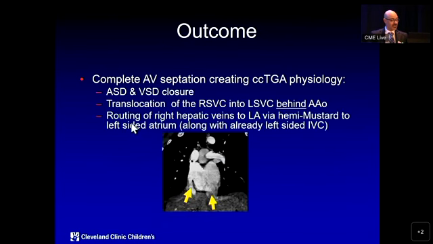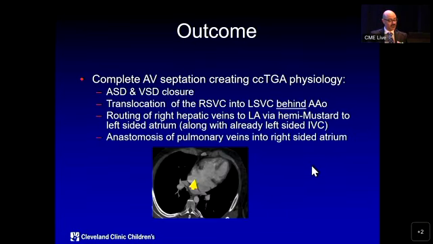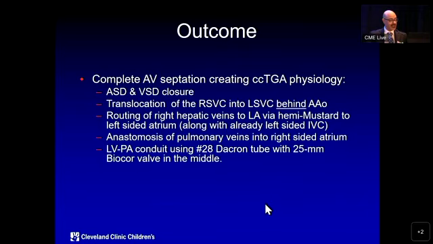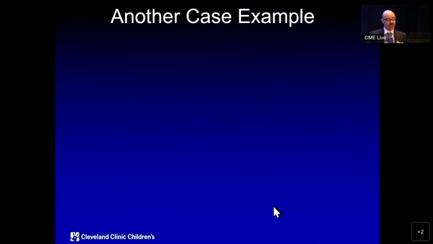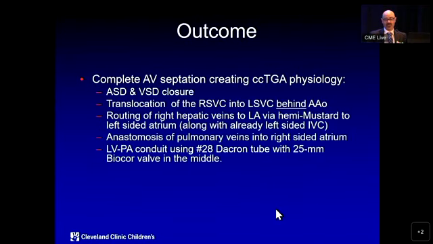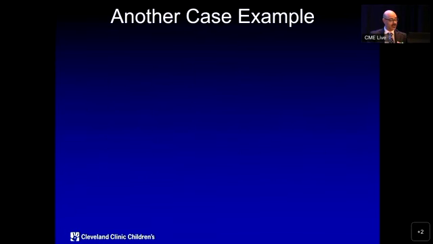We also routed the hepatic veins to the left atrium via hemi-Mustard, and we kept the IVC on the left side, which was convenient. Then we anastomosed the pulmonary veins into the right-sided atrium, and did an LV to PA conduit with a 25 millimeter BioCor valve in the middle. This way, this patient achieved CCTGA physiology and has done well, and he's no longer cyanotic.